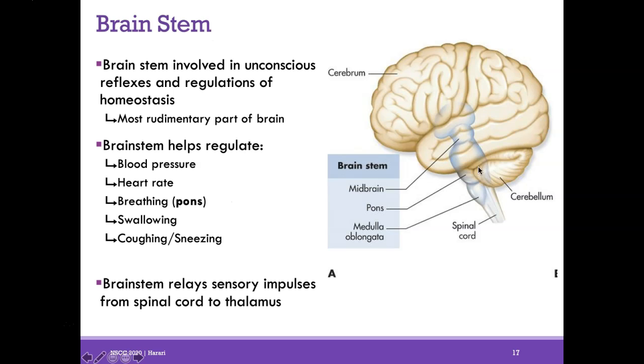The brainstem is also part of the relay station between the spinal cord and the thalamus. The thalamus is part of the diencephalon, and the thalamus is the gateway to the cerebral cortex. So before any information gets to the thalamus from the spinal cord, it has to go through the brainstem. The brainstem relays sensory impulses from the spinal cord to the thalamus.